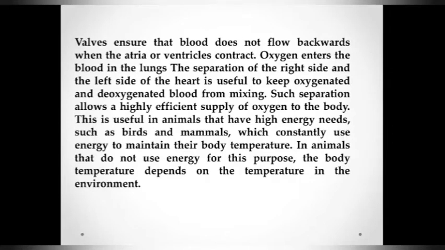This is useful in animals that have high energy needs, such as birds and mammals, which constantly use energy to maintain their body temperature. In animals that do not use energy for this purpose, the body temperature depends on the temperature in the environment.